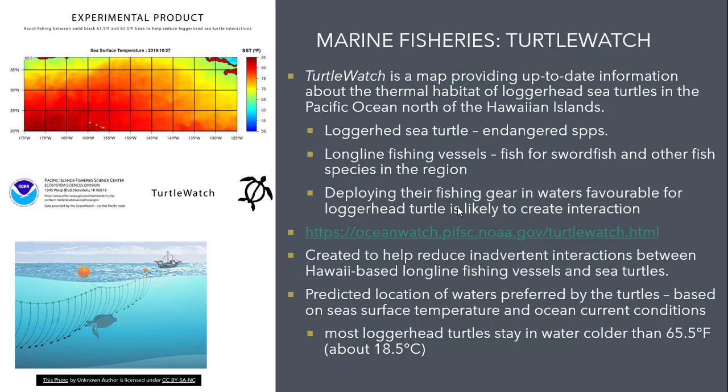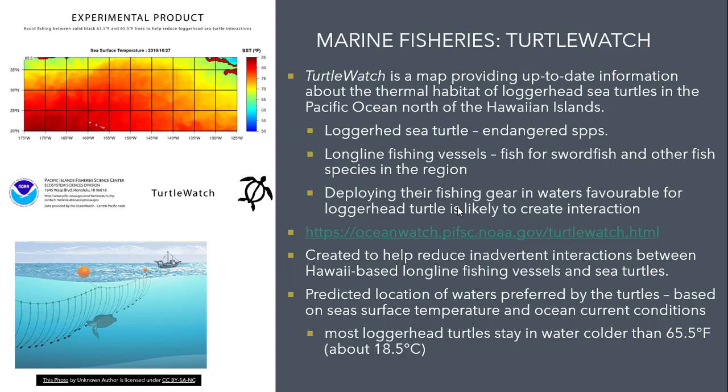One of the ways by which this was mapped out is by looking at the favorable water condition in terms of temperature which these turtles like to be in. They like to feed in there. They like to play around in this ocean temperature and ocean current condition.